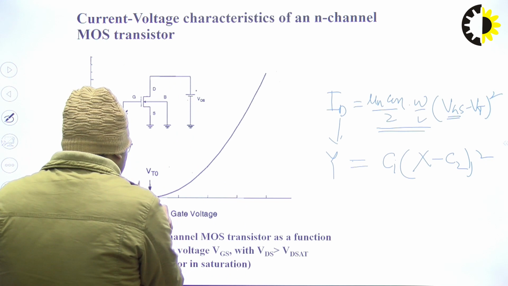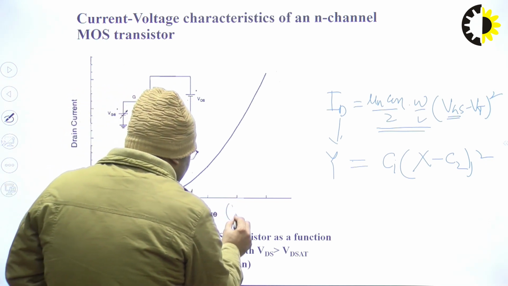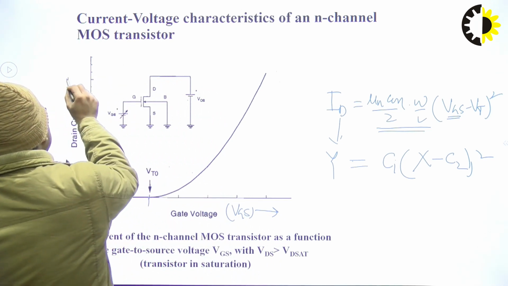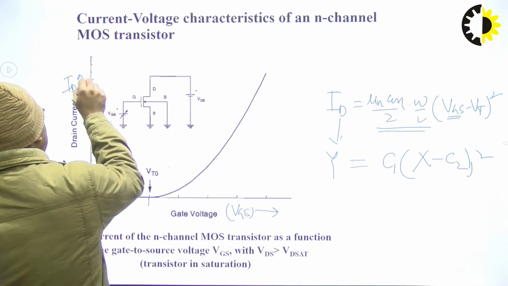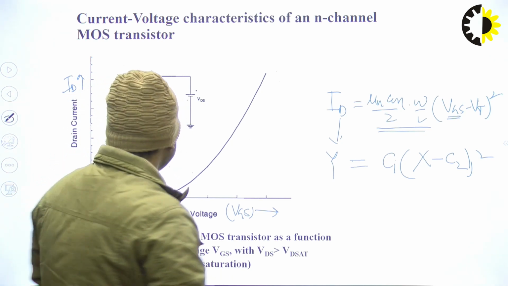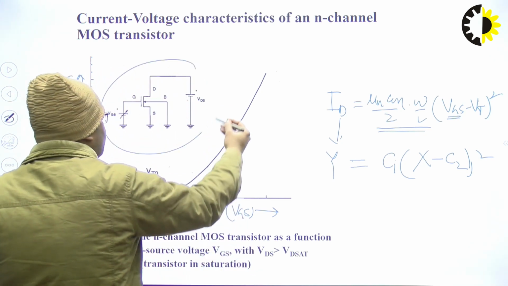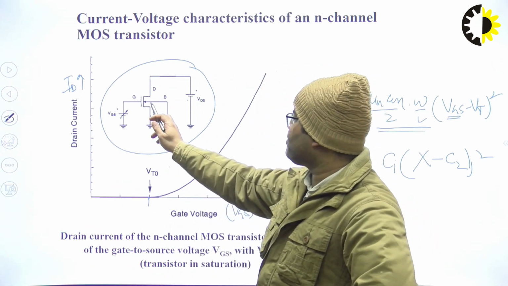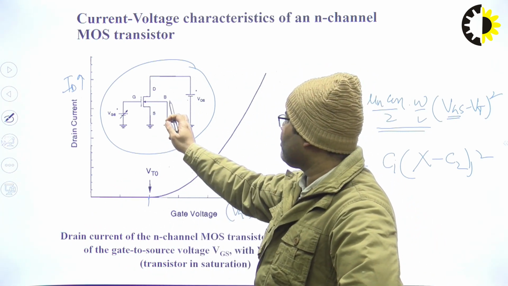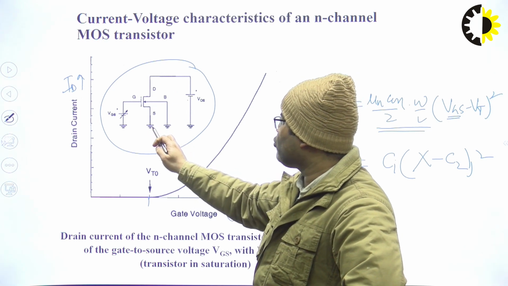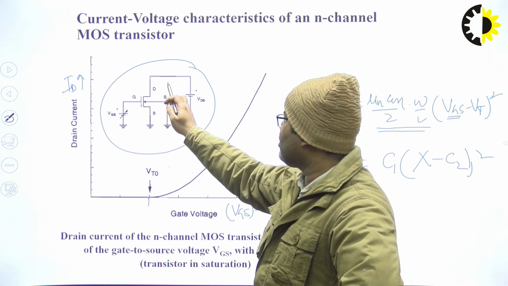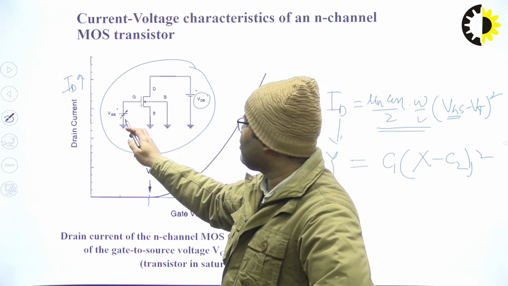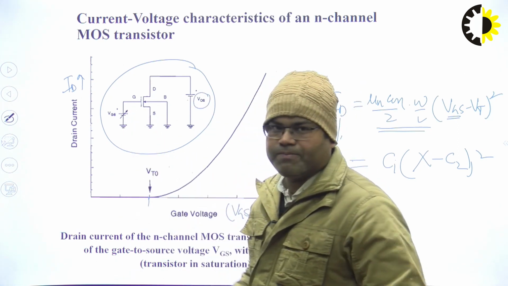So when VGS is taken on the x axis and ID on the y axis, this is the circuit diagram for the operation of MOSFET. Substrate is not biased, meaning VB is 0, source is connected to the ground, at the drain end we have applied positive VDS, and at the gate we are varying VGS.